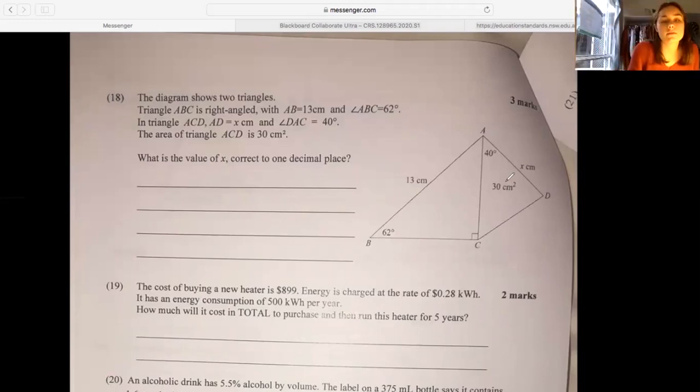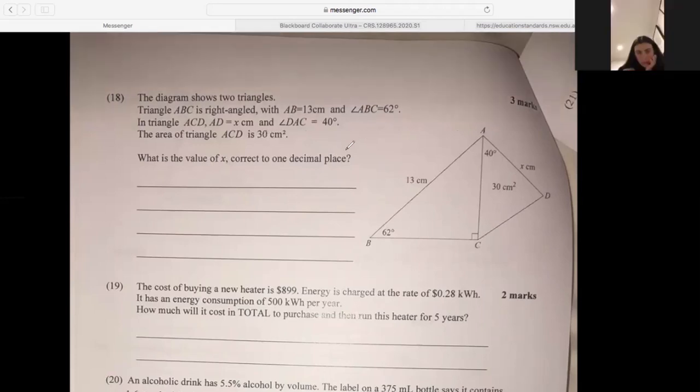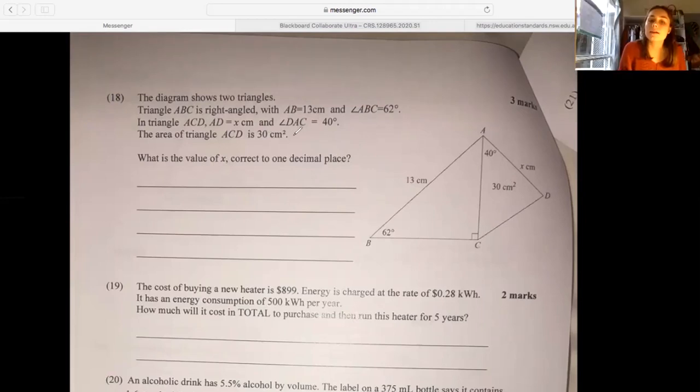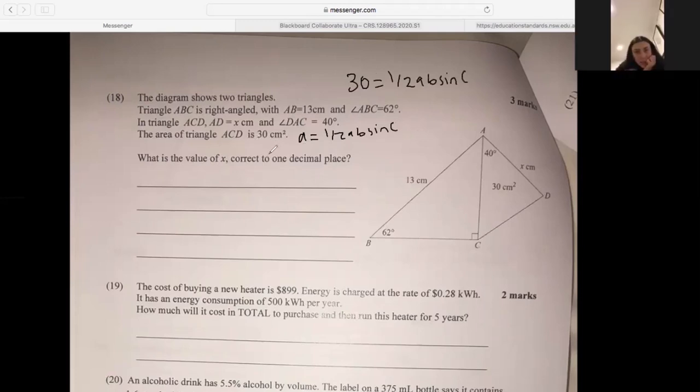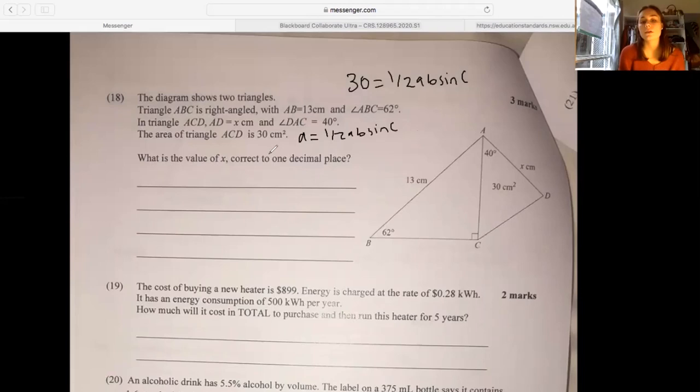So if they give us the area of a triangle, it means they might want you to use the area of the triangle formula, but instead of having area equals half AB sine C, they want you to put 30 equals half AB sine C. Does that make sense? That's an indication that they want you to use that formula.